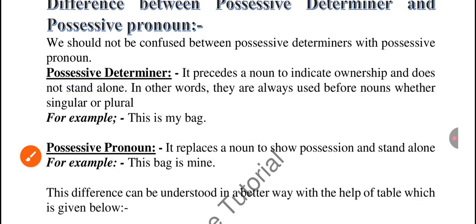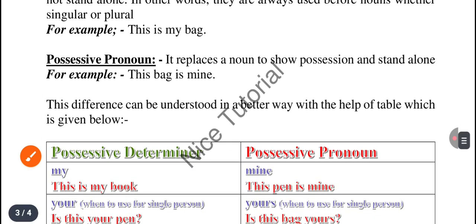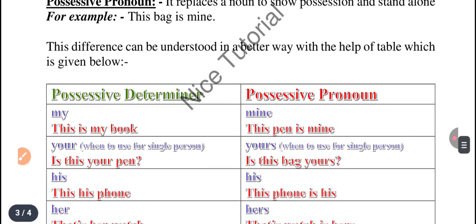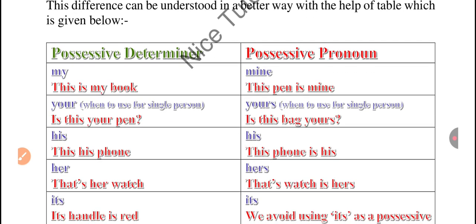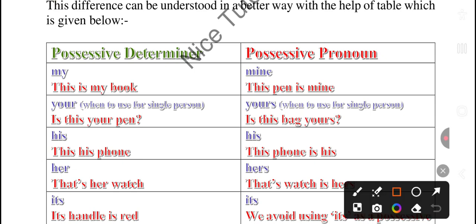This difference can be understood in a better way with the help of the table which is given over here. Here you can see possessive determiner at first, the use of my book. After the word my, the noun book has been used.